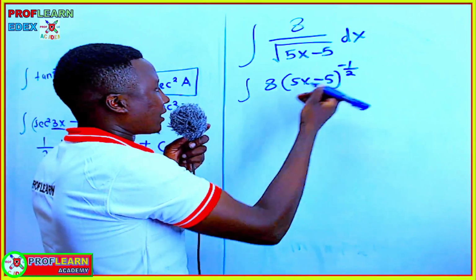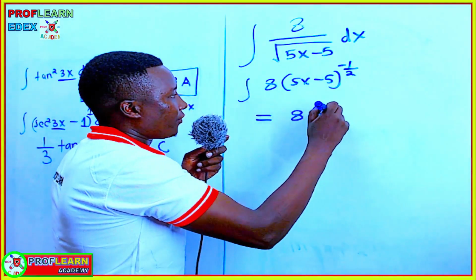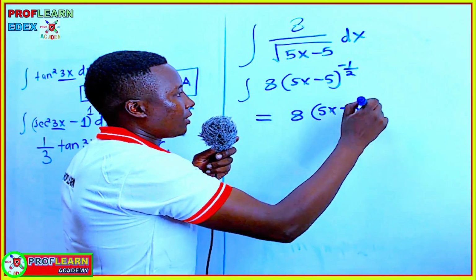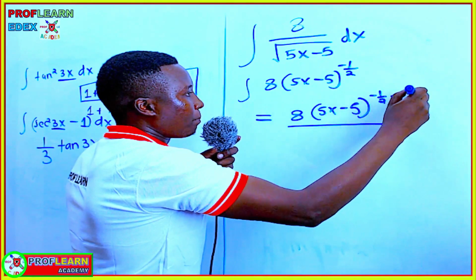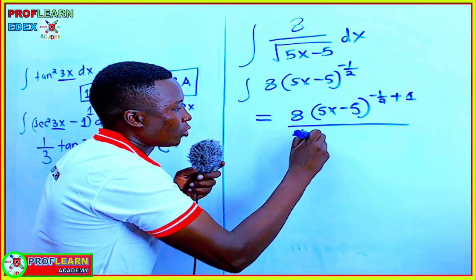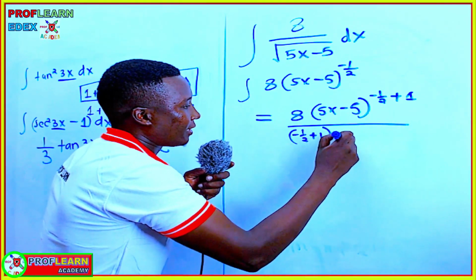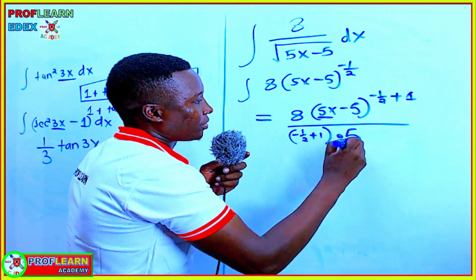To integrate this, we write it the way it is, 5x minus 5 to the negative 1 over 2, over negative 1 over 2 plus 1, where the plus 1 is added to the power, and then times the value that you have here, times 5.